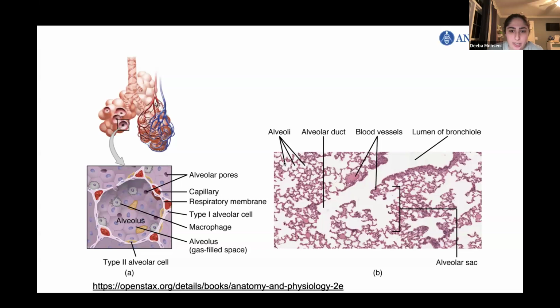And then you've got what's called an alveolar sac, which is a bunch of alveoli together. So you've got the type 2 alveolar cells right about here. You've got your type 1 cells at the edge of the alveolus.